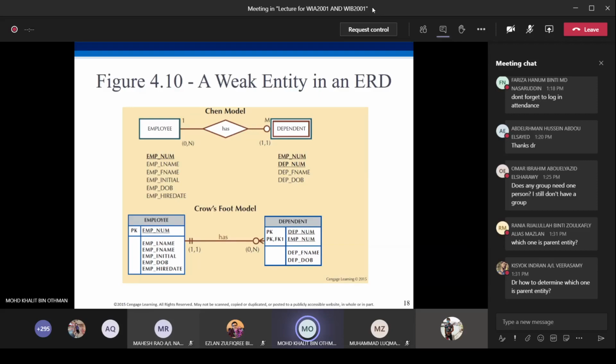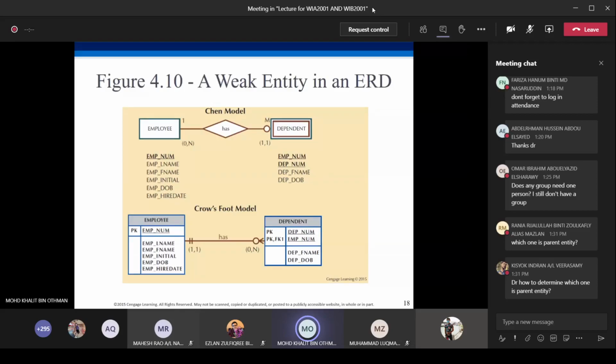Based on the definition of weak entity, you can see here that under dependent, the primary key for dependent is department number and employee number.